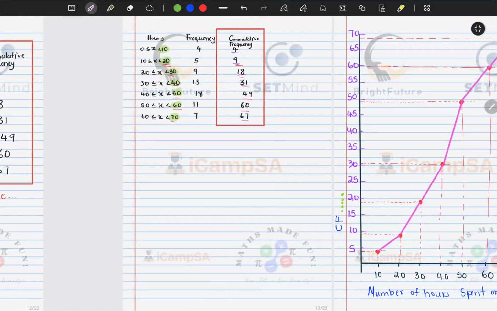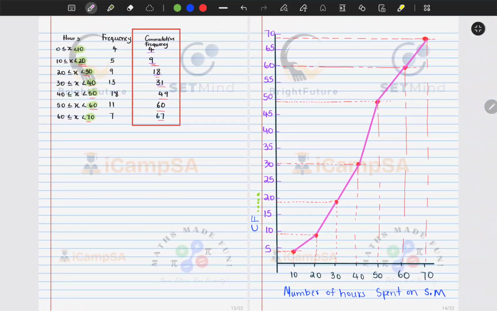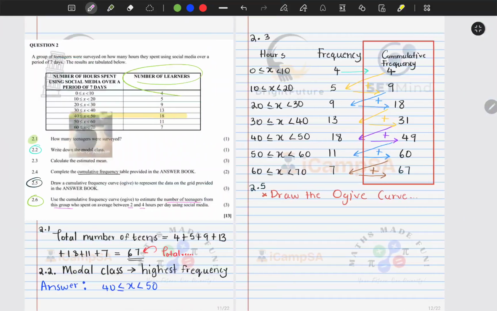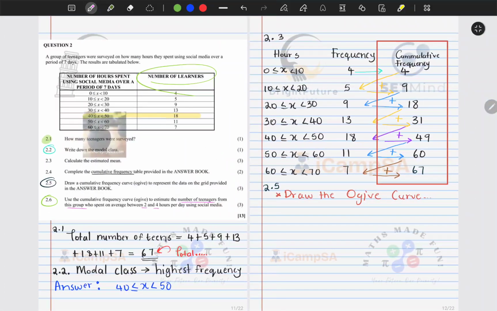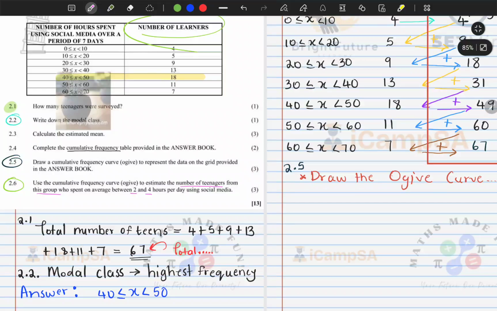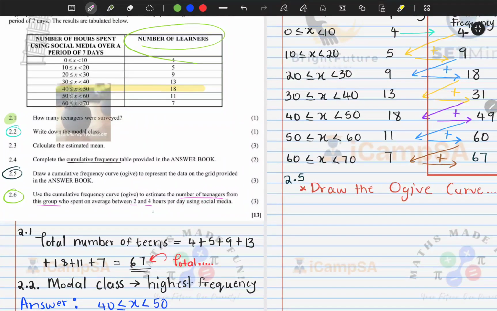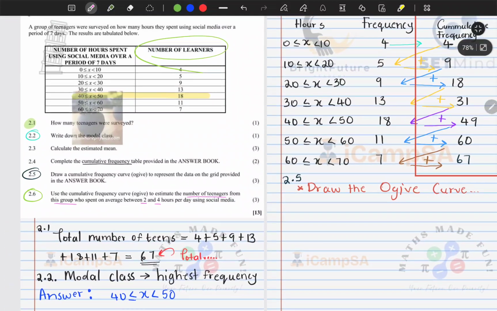Okay. So what I'm going to do, I'm going to go and look at the number of hours. So I'm going to need 2. Sorry. So they're saying we spent between 2 and 4 hours.